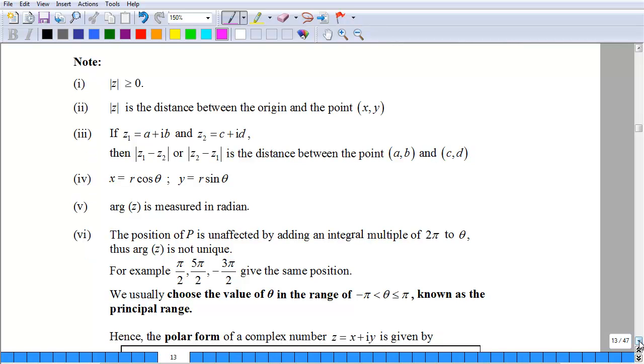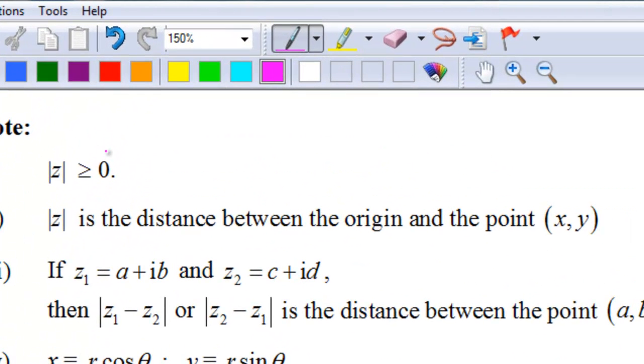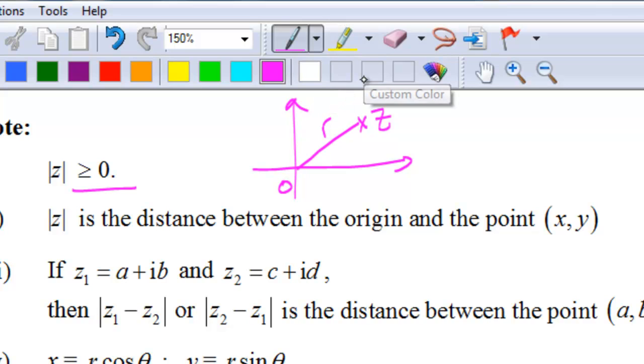It is important to note that the modulus is always positive since it refers to the distance of the complex number z, the point representing complex number z, from the origin. This distance r is always positive.